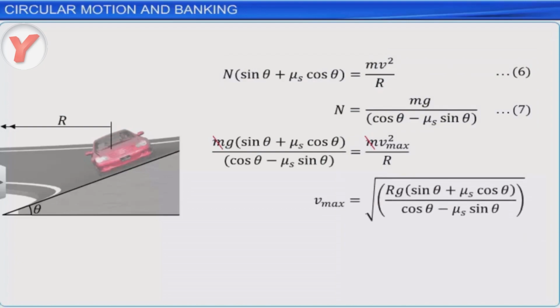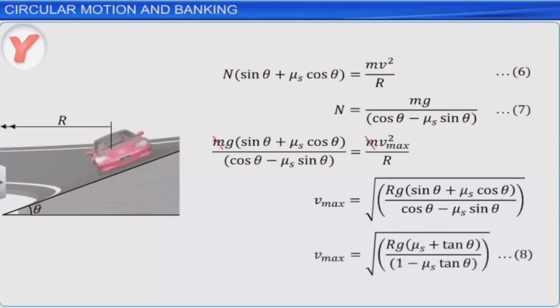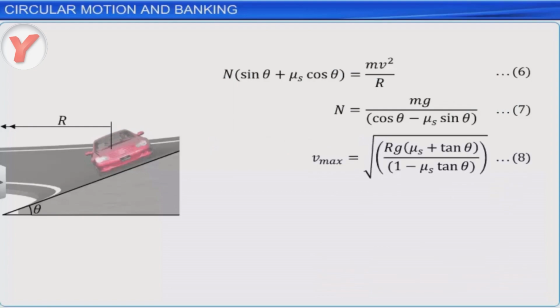Now, dividing all the terms on the right-hand side with cos theta, we get equation 8 as shown. If the frictional force is negligible, the maximum velocity Vmax is equal to the square root of rg tan theta.